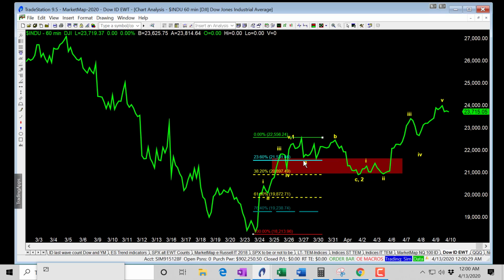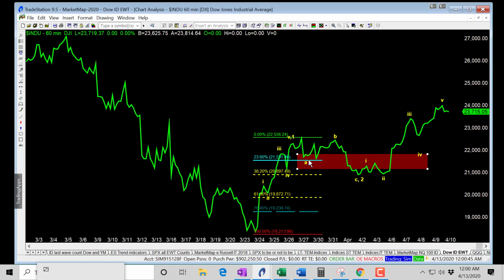You've got the 5 up, you've got an A, B, C zigzag correction, and you buy. Your target is to exit after 5 waves up.